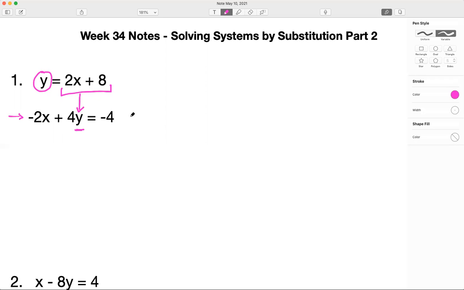And then I'm going to have something that looks like this. Negative 2x plus 4y on the left side still equals negative 4. And then I'm going to take the 2x plus 8 and sub it in right there for y.